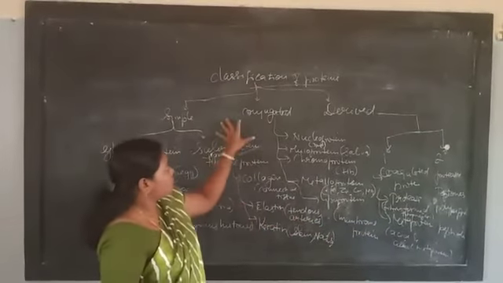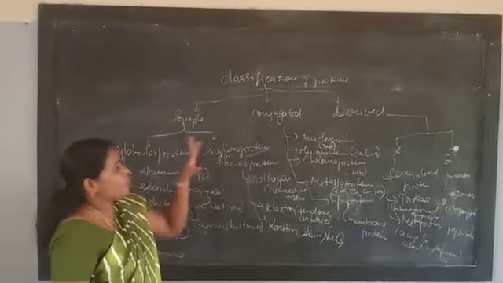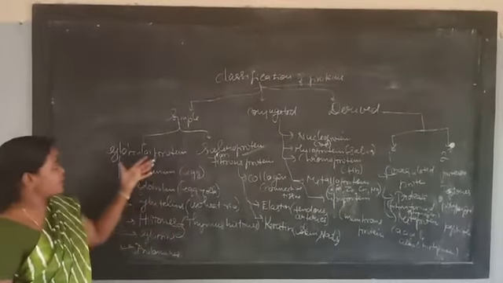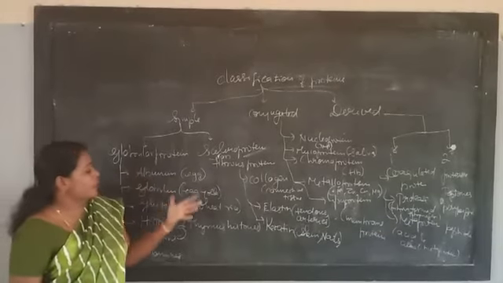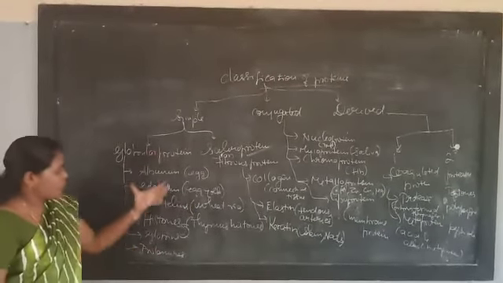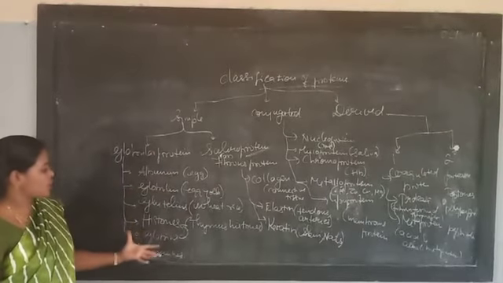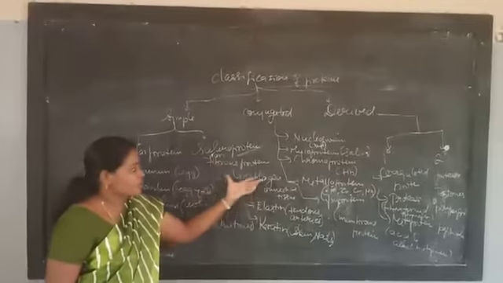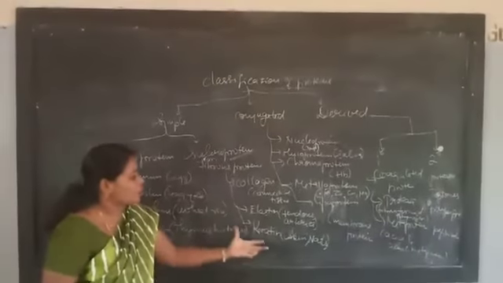Once again I am repeating, the classification of protein is of three: simple, conjugated and derived. Simple is of globular protein and scleroprotein, which is also known as fibrous protein. Globular is divided into albumin, globulin, glutenins, histones, globins and prolamines. The fibrous has collagen, elastin and keratin.